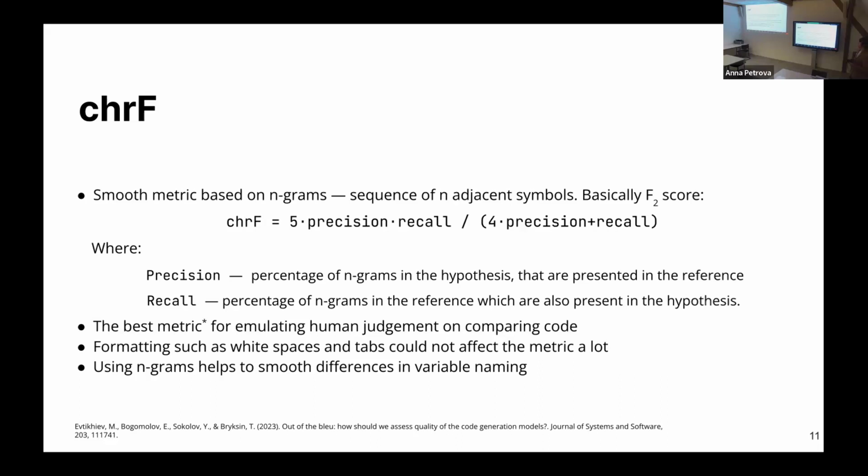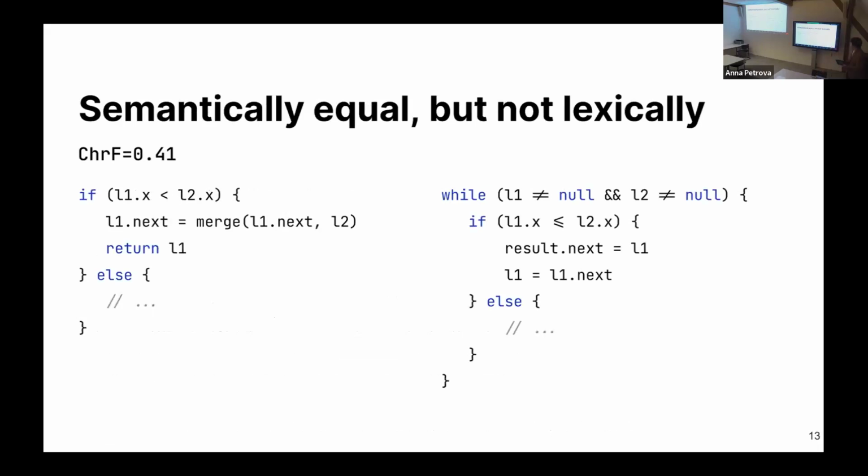Yeah, but it's not affected. For humans, the task is to compare solutions and just say they are the same or not the same, like they solve the same task. You clearly can say that two code fragments solve the same task. Thank you.